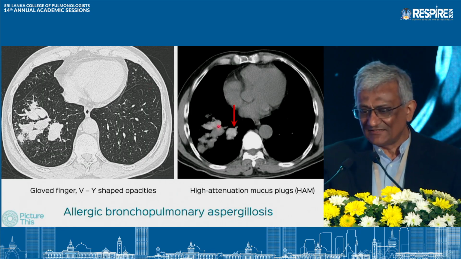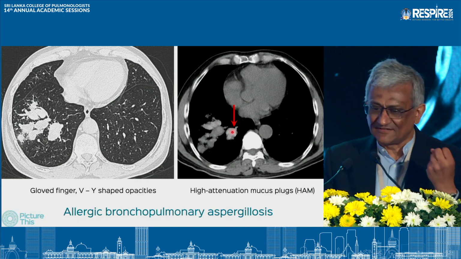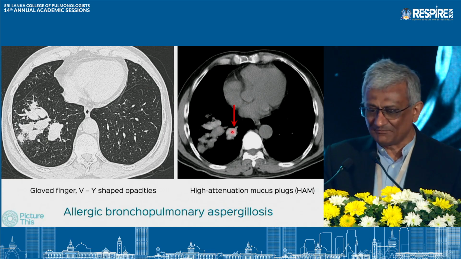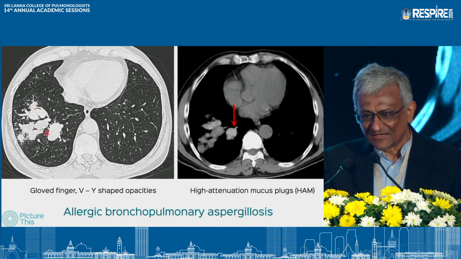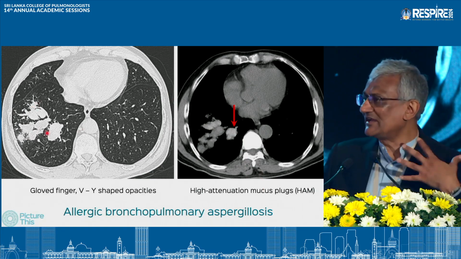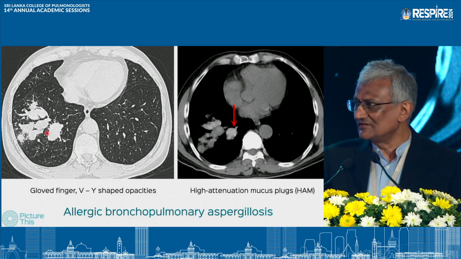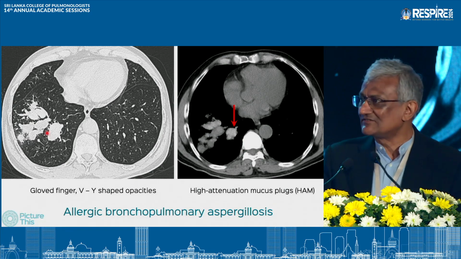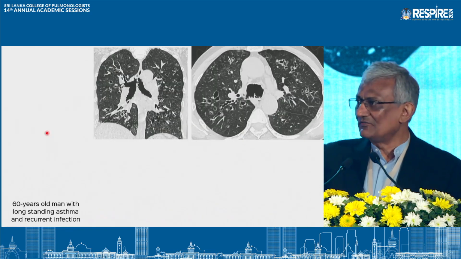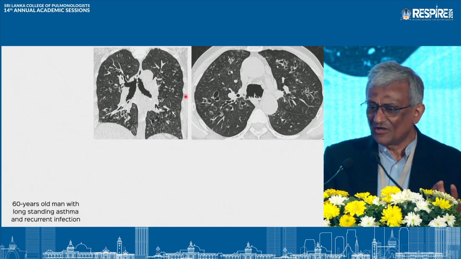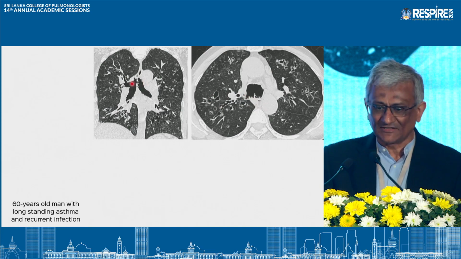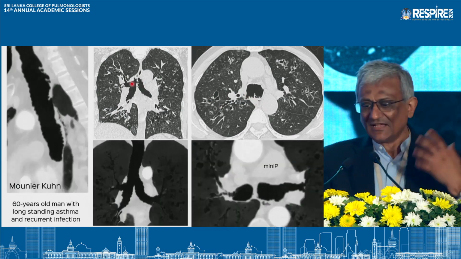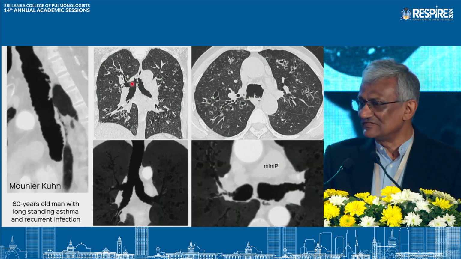And if we see these hyperdense areas of mucoid impaction, we call them HAMs, and you can see them on the lung window images as V or Y-shaped or gloved finger lesions, then that is also suggestive of ABPA. This is an uncommon condition, but this is a patient with bronchiectasis with tracheal and bronchial diverticulae, and this is Mounier-Kuhn's disease.